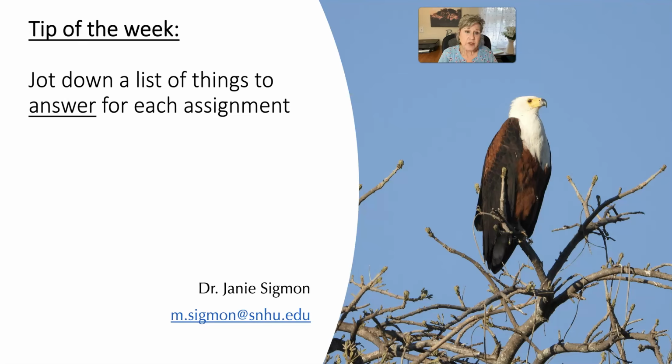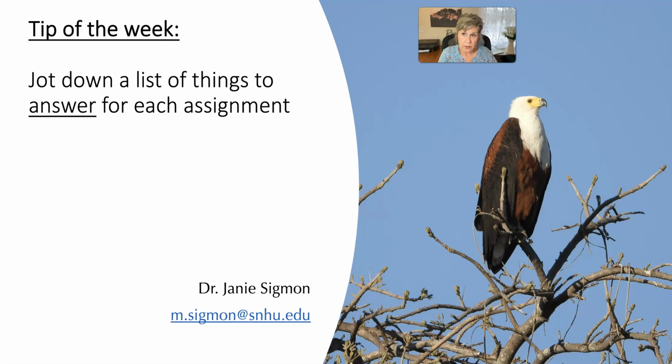This week, I would say jot down a list of things to answer for each assignment. Take a little Post-it note, take the back of an envelope that you got in the mail that's going to be trash anyway, and just jot down a little tiny list. What are the characteristics of carbon? If you're looking at the journal entry this week, what are the characteristics of carbon that make it important for life, right?